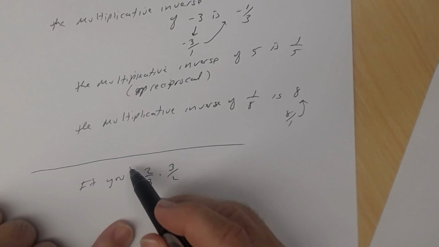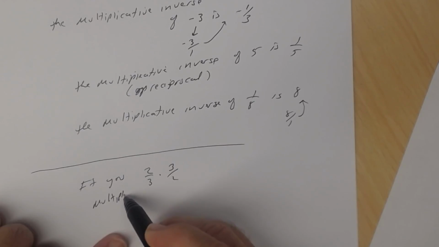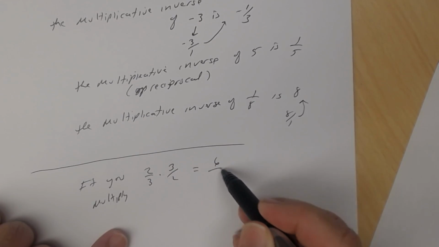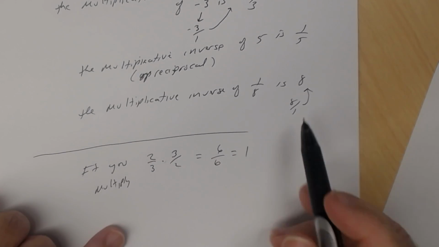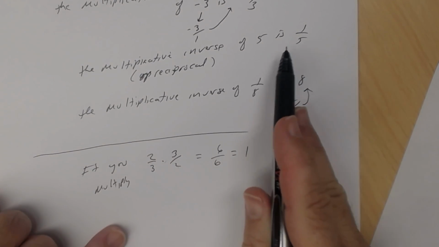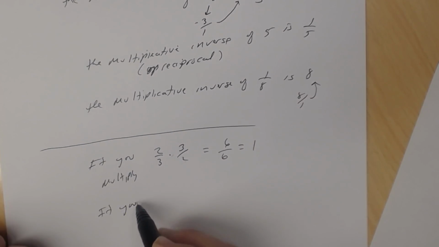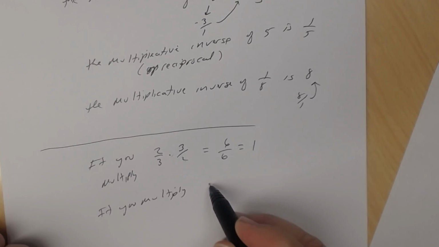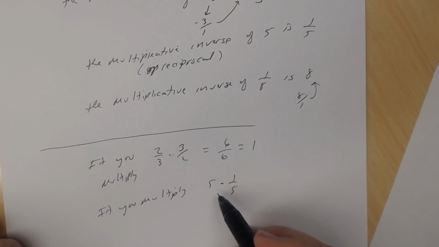But if I multiply, notice what happens. You end up with 2 times 3 is 6, 3 times 2 is 6, which is 1. So if I look at 5 times 1/5, and remember 5 is the same thing as 5 over 1.